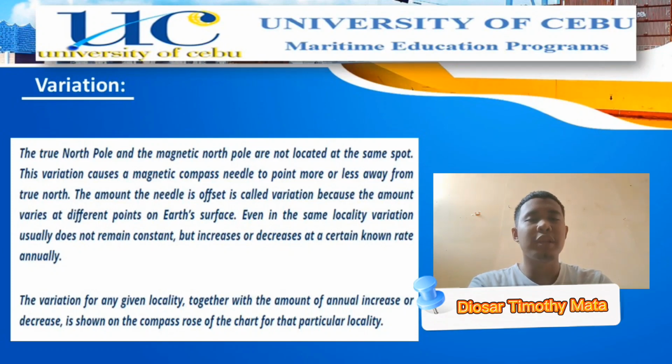The amount the needle is offset is called variation because the amount varies at different points on Earth's surface. Even in the same locality, variation usually does not remain constant, but increases or decreases at a certain known rate annually. The variation for any given locality, together with the amount of annual increase or decrease, is shown on the compass roses of the chart for the particular locality.